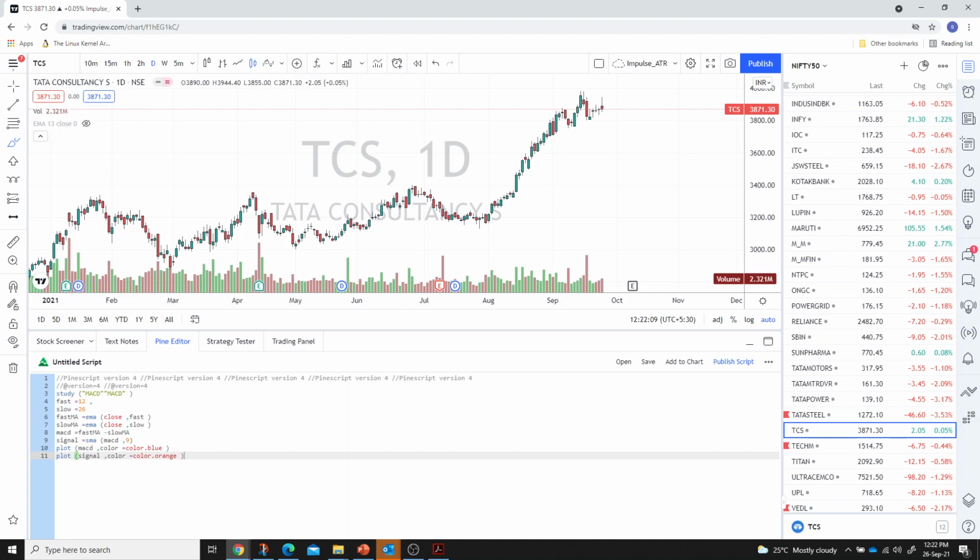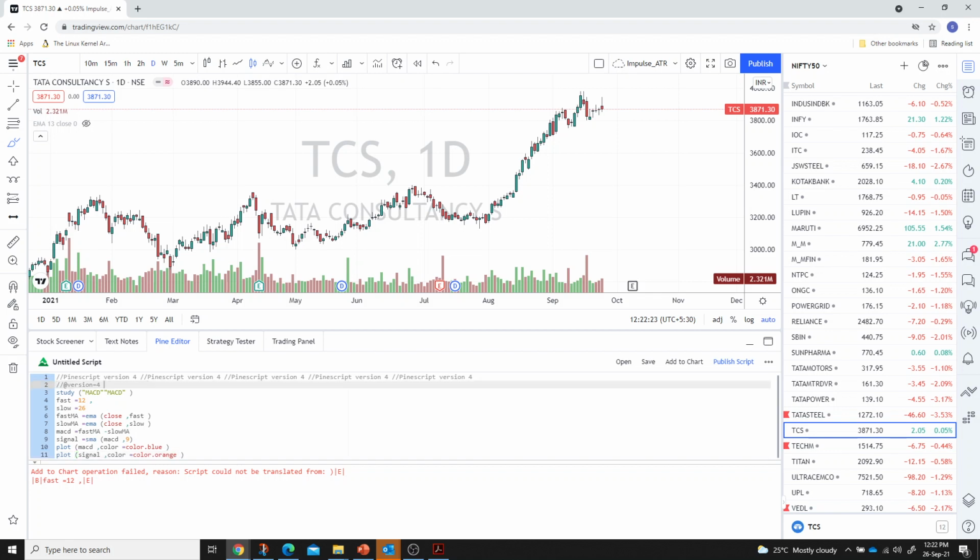Okay, now when I say add to chart, it will compile and calculate and add to the chart. So currently it says some error. Let's see why.